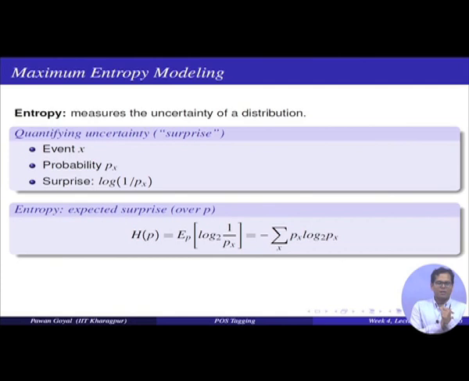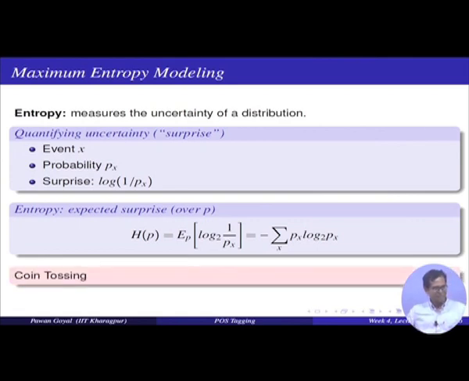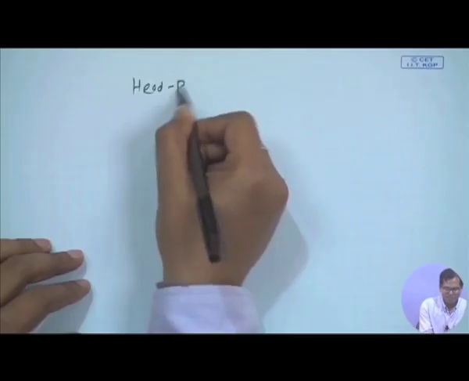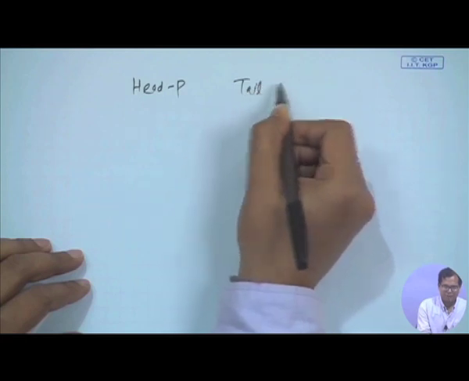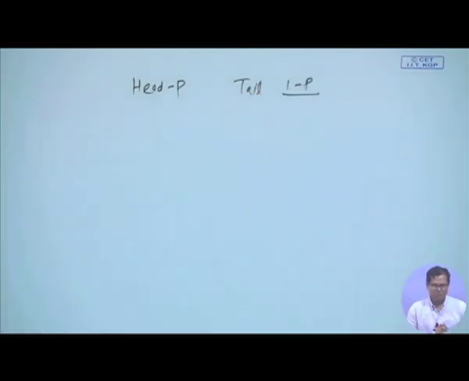Now, here we are talking about distributions. In the case of distributions, when will the entropy be maximum? If you look at this formula, let's take one simple example of coin tossing. I'm tossing a coin, so it can be head or tail. Let us say that head has a probability of p and tail has a probability of 1 minus p. So what is the entropy of this model?